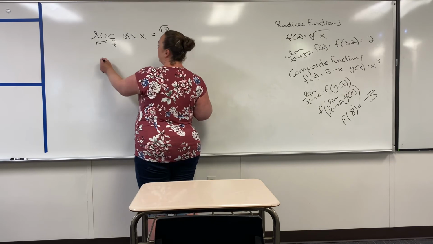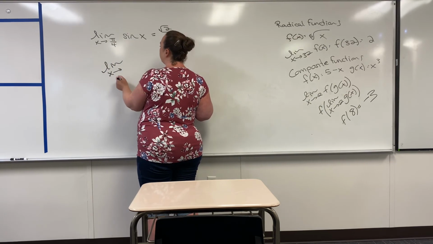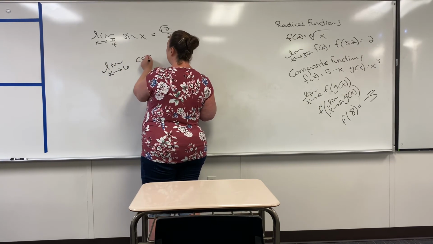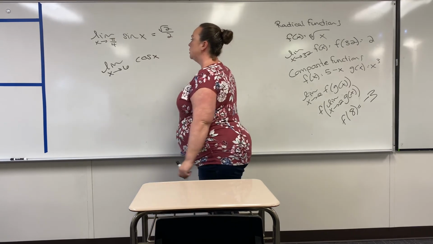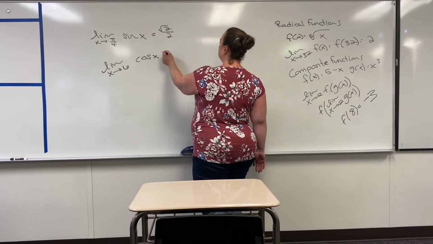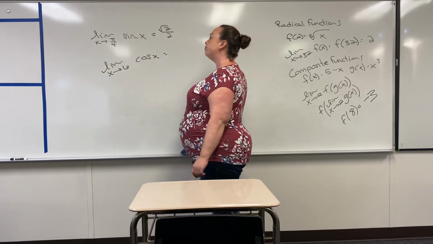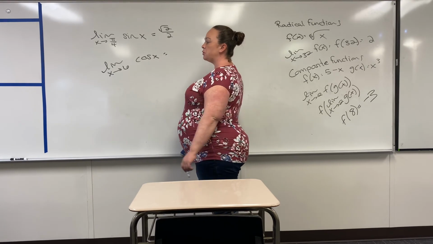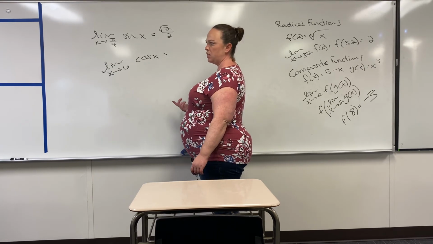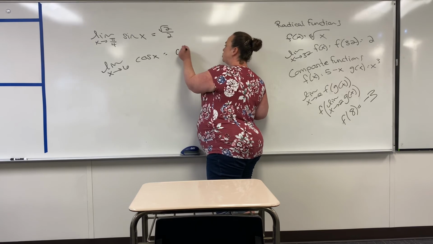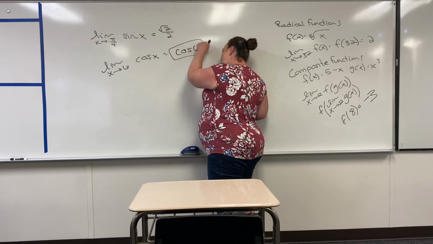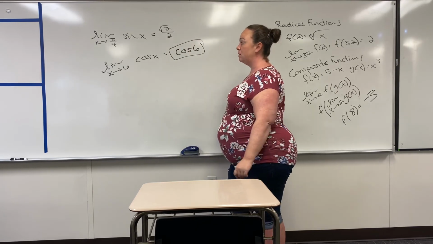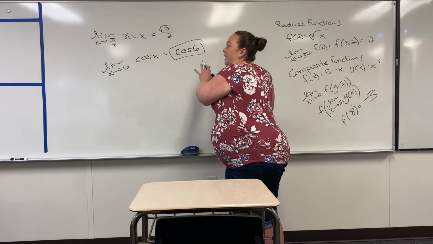Let's say that you wanted the limit as x approaches, I don't know, 6 of cosine of x. 6 is not one of the special things on the unit circle. So this would just be the cosine of 6, and that's as exact as you can be, which is fine, okay?